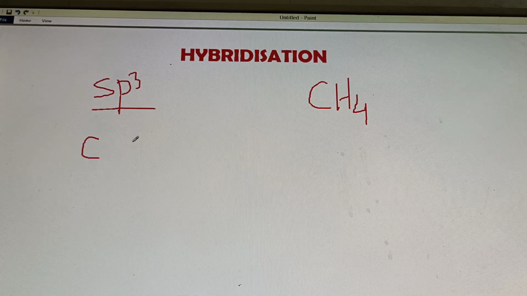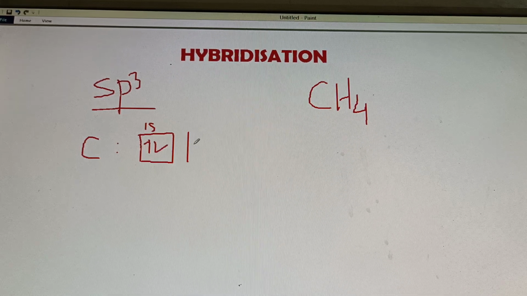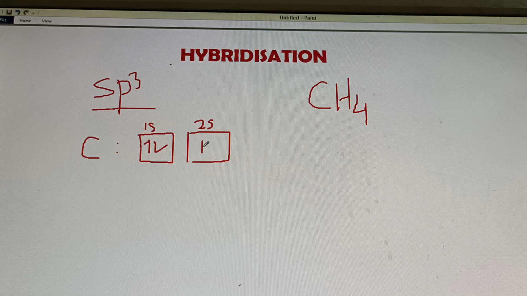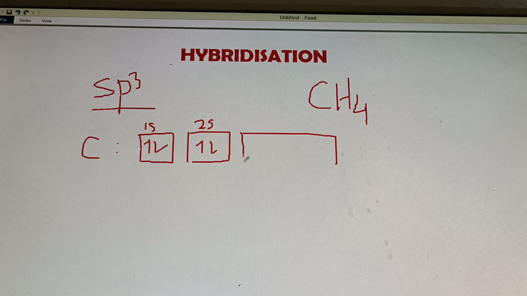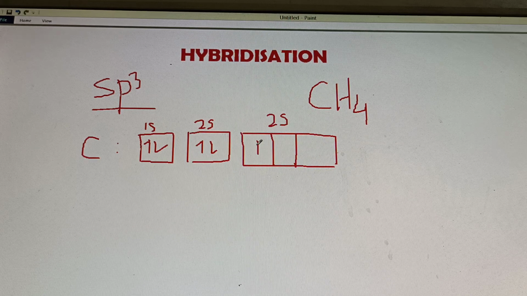In carbon, the electronic configuration is 1s2 2s2 2p2.